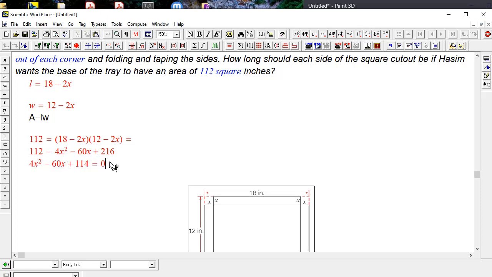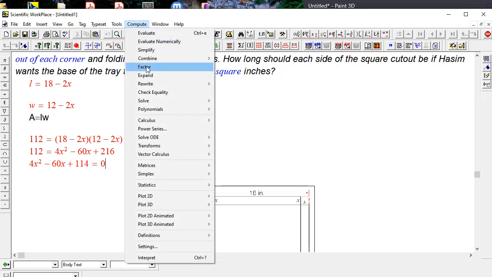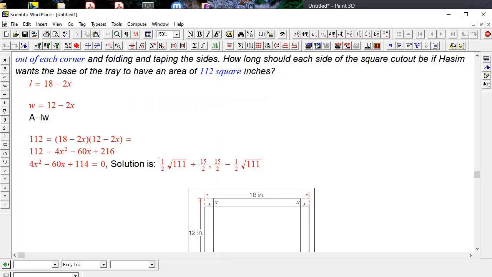I need to solve this equation by any way you want: by factoring, by completing the square, or by the quadratic formula. If you don't know how, just revise the videos and the live lectures. But because this is a recorded video, I will solve it manually, using the quadratic formula. We will get the answer, which is half of the square root of 100 plus 15 over 2, and in the same way the negative answer.